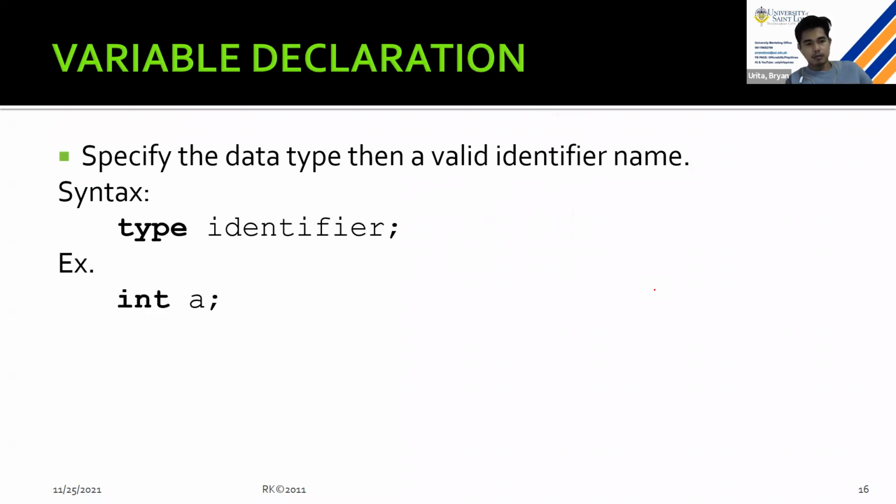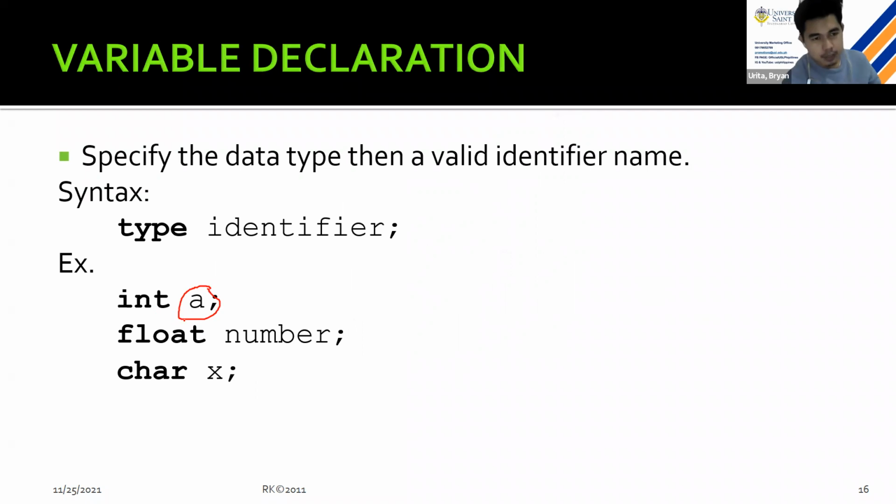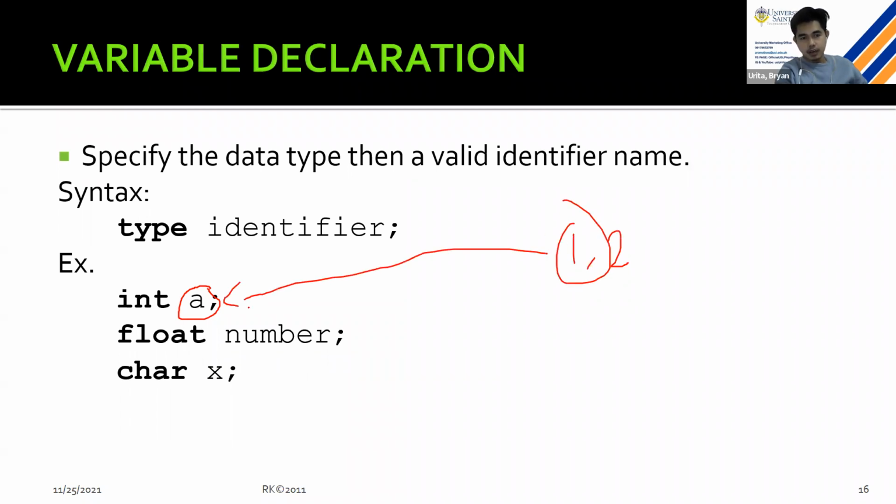Let's have an example. So in an int number x, meaning this variable will accept integer data. So let's say for example 1, 2, pwede siyang ilagay dito sa variable na to because that is an integer. Pwede pa tayong mag-store ng 3.5 dito sa ating integer.